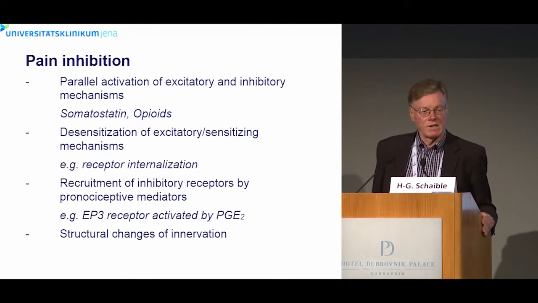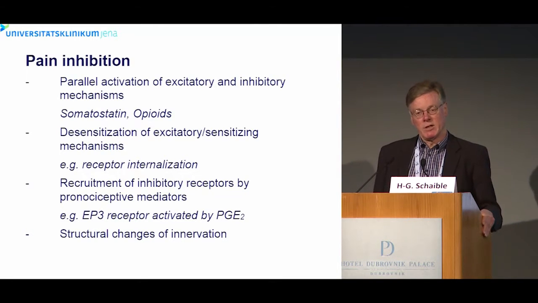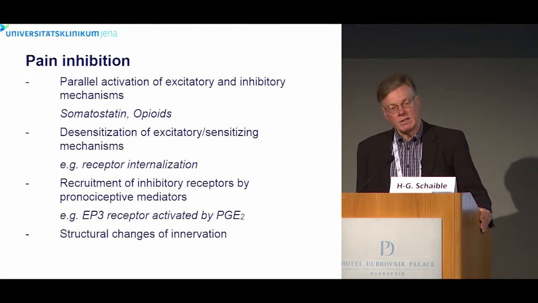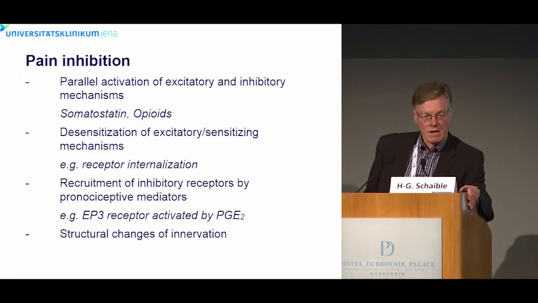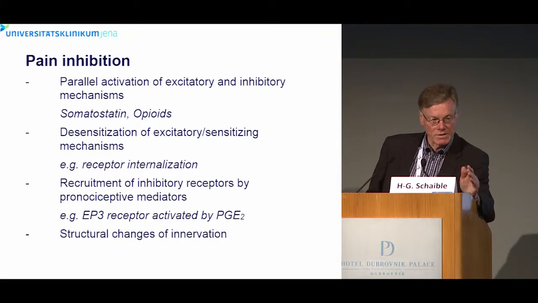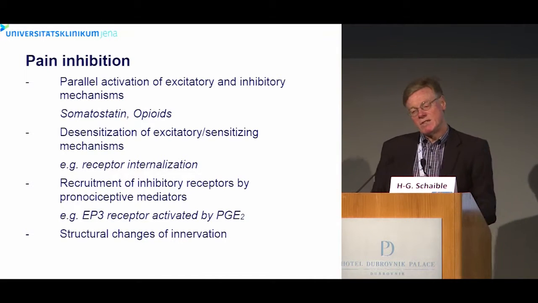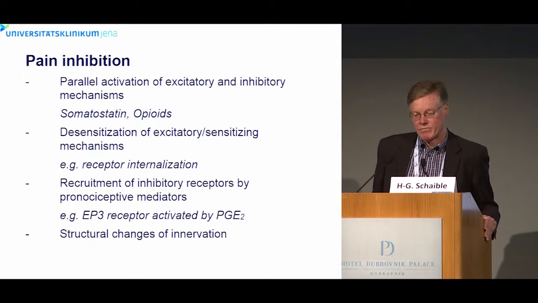We found that one of these EP receptors for prostaglandin is in fact antinociceptive, and we have structural changes of innervation. The interesting point is, however, that these inhibitory systems are not totally used by the pain patients. This is the reason why if you give additional opioids, you get an inhibition, because obviously these systems are not fully used. And this is, of course, a potential also for treatment.